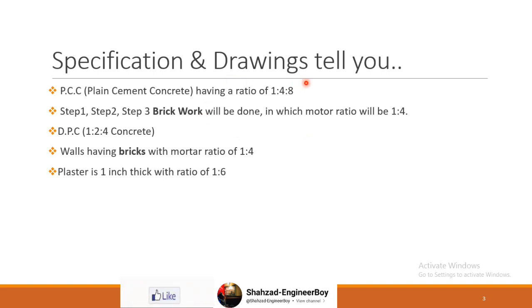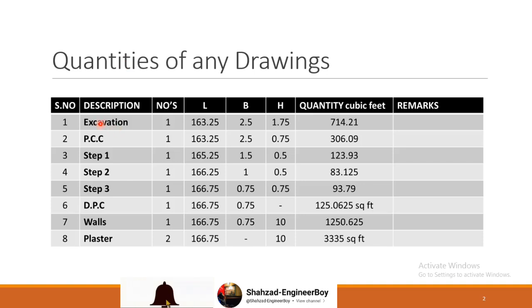Now specification and drawings tell you that PCC, plain cement concrete, has a ratio of 1:4:8. The drawings or the specification will give you knowledge about these: if this is a DPC, what is its ratio? In DPC, what type of material are we using? Walls, if walls are of bricks, blocks, or some other type.